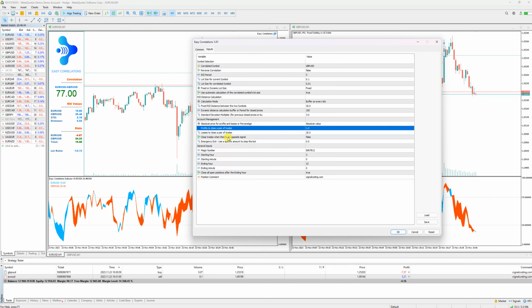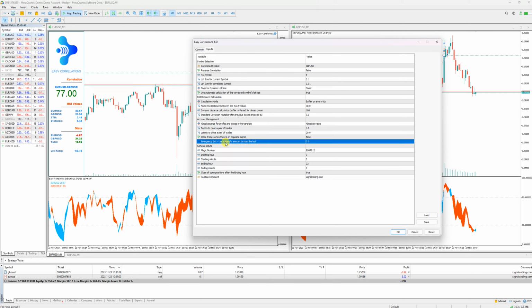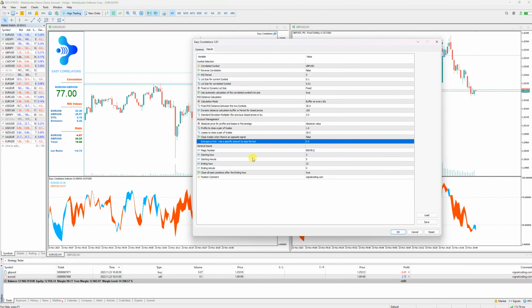And an emergency exit, always, please use it always. I have it set to 0. Also, you can set these values to 0 if you don't want to use them. You can use an emergency exit, a specific amount for exit, and I'm using a specific amount because while talking with you guys, I understand that most of you are struggling with percentages, and it's easier for you to have a specific amount.